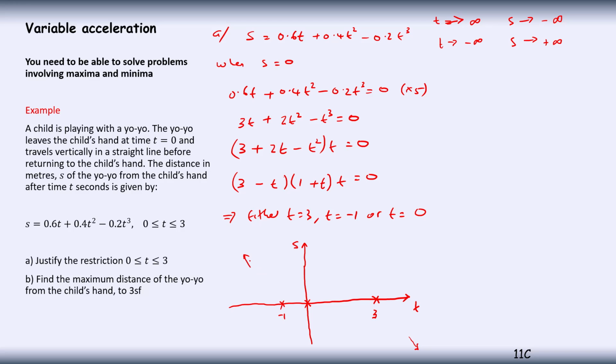So that's what our graph looks like. If I can sketch this, it goes down through here, and we've got a turning point, up through there, got another turning point, and it heads down through there. Okay, it's not the best, it's not the worst graph ever.